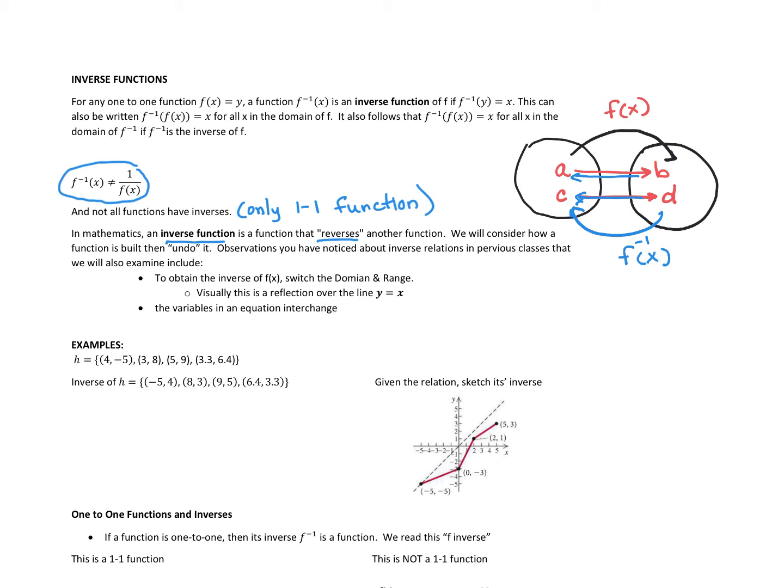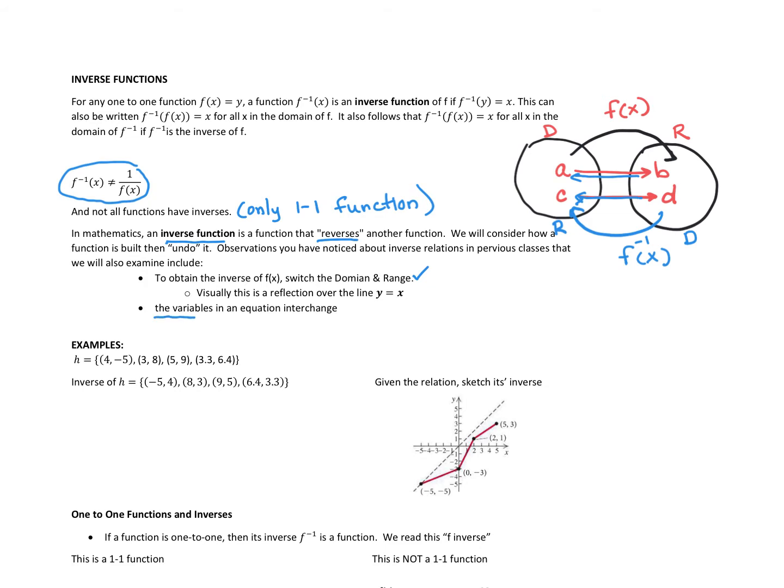For our function f of x, this first set is the domain and the second set is the range. But when we look at the inverse function, this is now the domain and this is now the range. So we're actually switching the domain and the range.